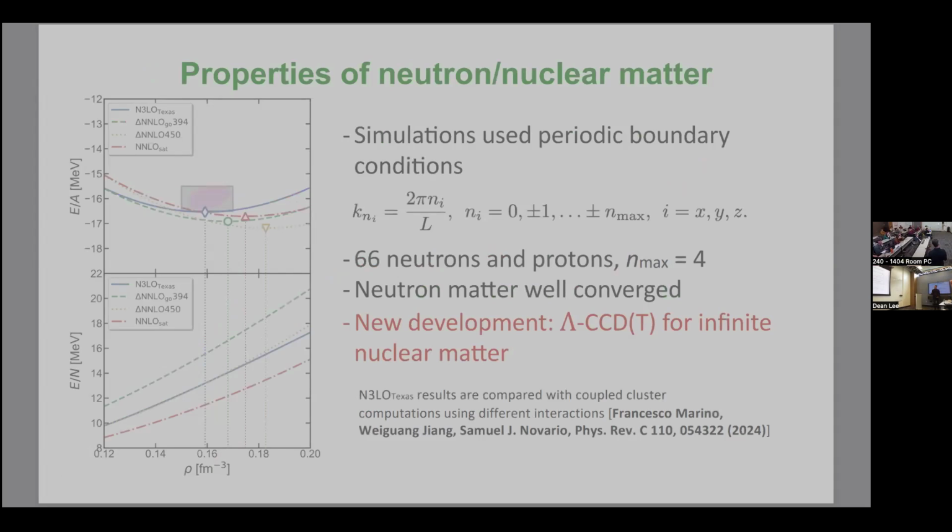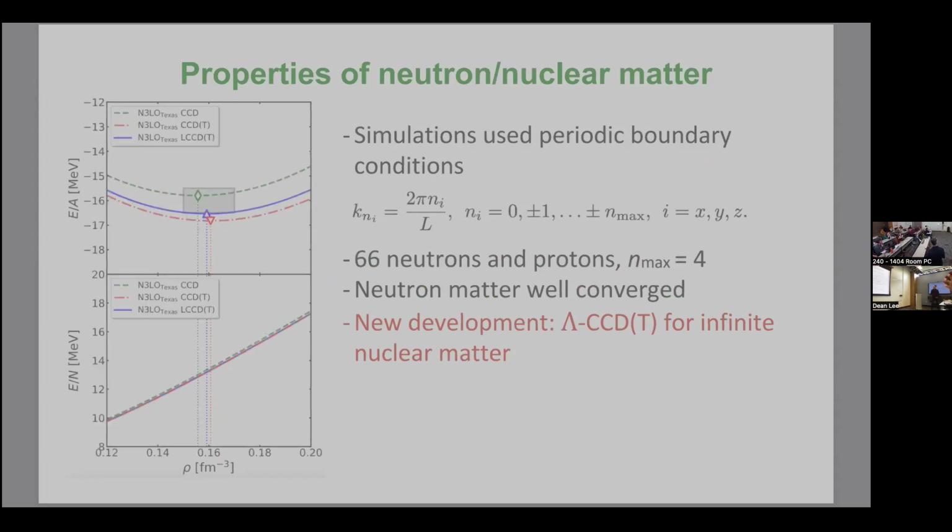We also computed neutron matter and nuclear matter using this interaction, at different truncation levels in coupled cluster. There are no singles here because we are in a lattice with periodic boundary conditions. So it's doubles, doubles with perturbative triples (T), and then the most sophisticated method we have implemented so far, thanks to Baiguang Jiang, who really took the lead on this, what we call lambda CCD(T).